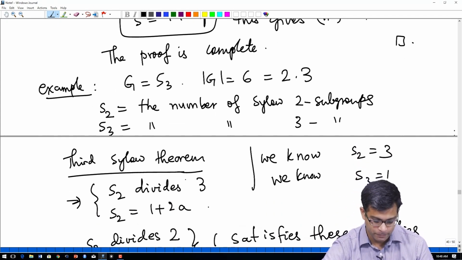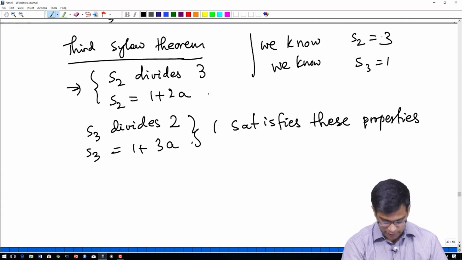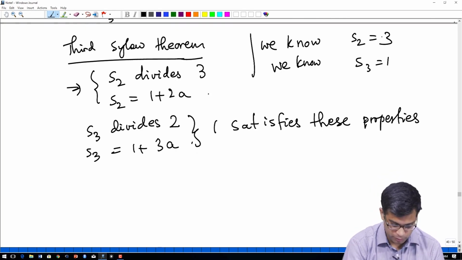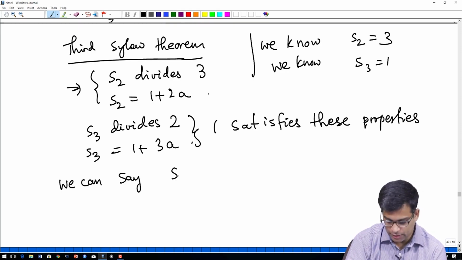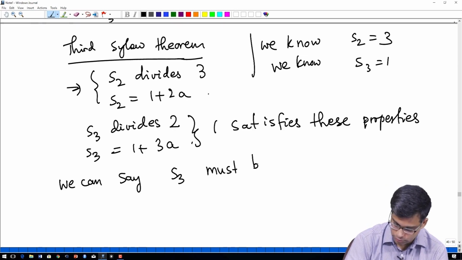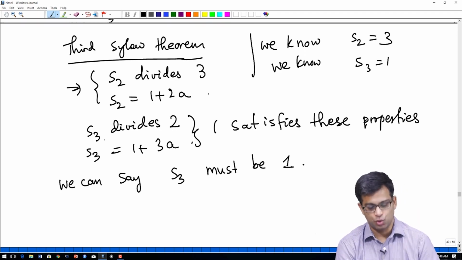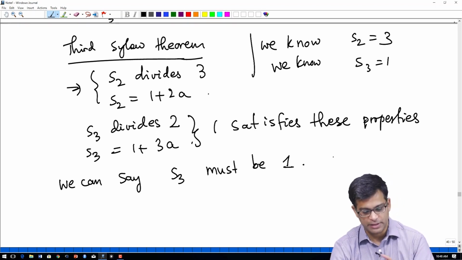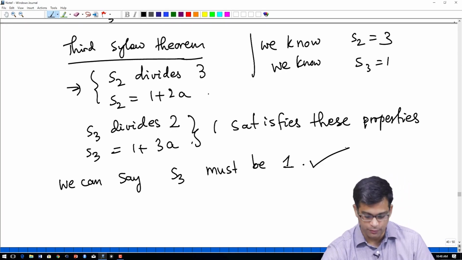See, as in this example, suppose you did not know this, even if we did not know anything about S3, we can say S3 must be 1. Why is that? Because S3 divides 2, that leaves only 2 possibilities, it is either 1 or 2, but it also at the same time must be of the form 1 plus 3a, but 2 is not of the form 1 plus 3a. So we can say S3 must be 1.